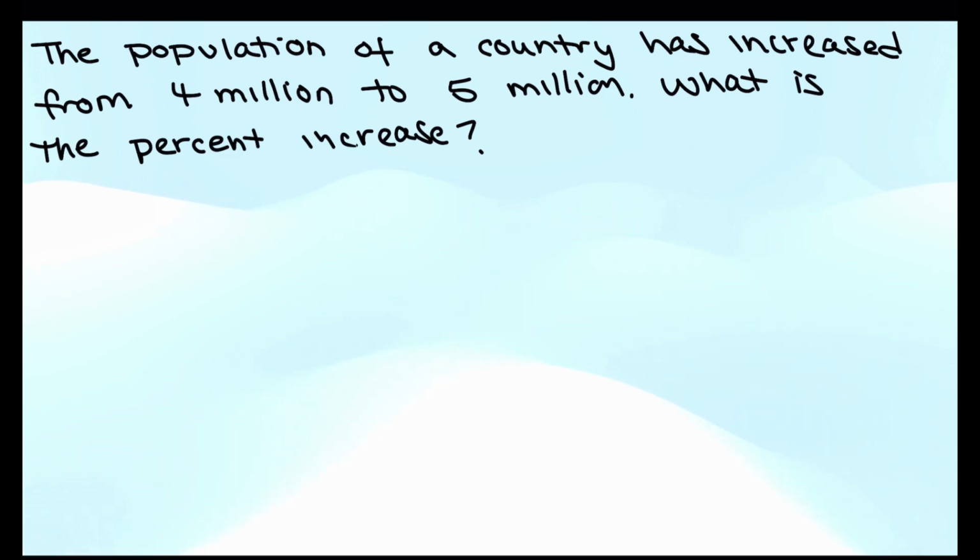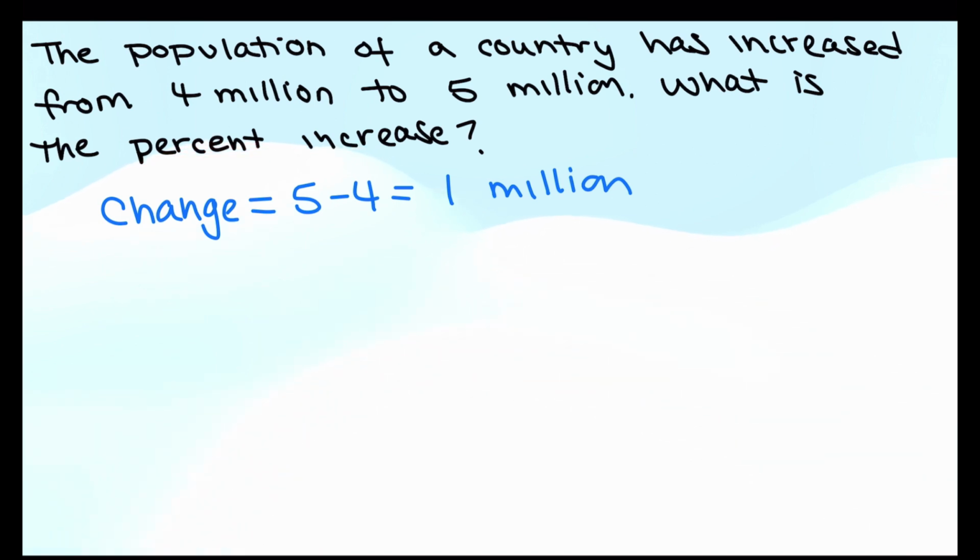The population of a country has increased from 4 million to 5 million. What is the percent increase? So the first step is to find the change in population. We went from 4 million to 5 million, so the population went up by 1 million. 5 minus 4 is 1.